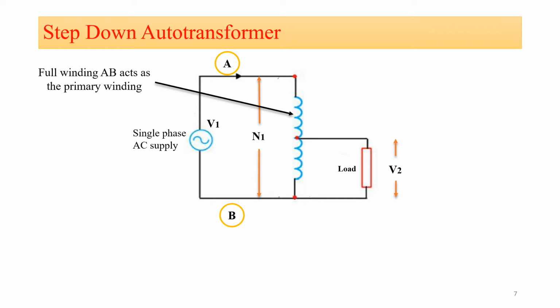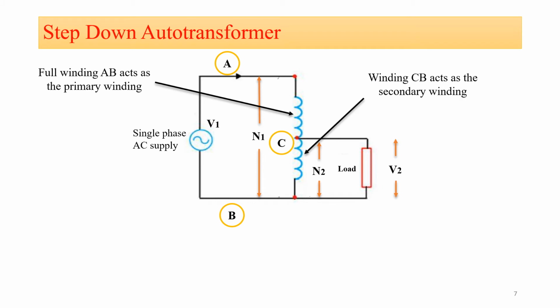The two fixed terminals, that is A and B, are connected to the single phase AC supply, that is V1. So the winding AB acts as the primary winding, and here N1 is the total number of turns corresponding to the primary winding, that is AB.